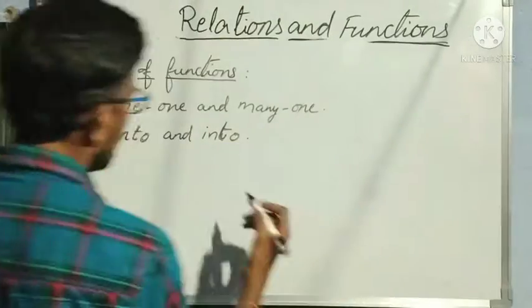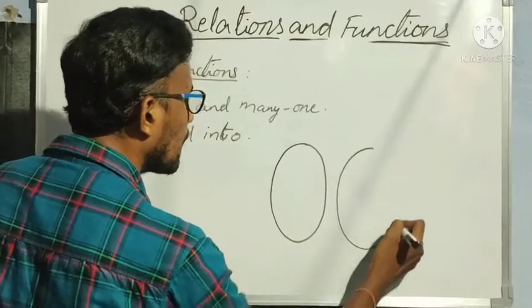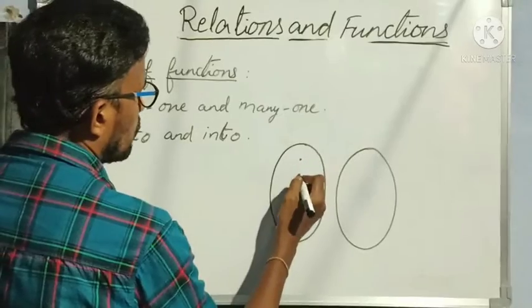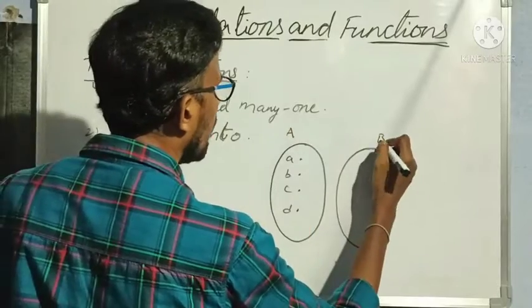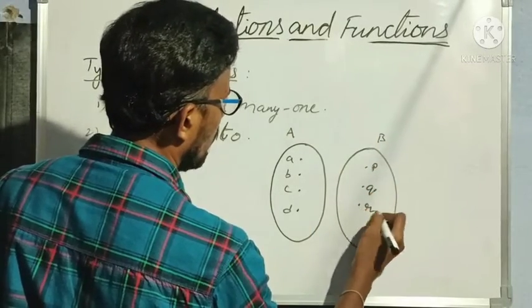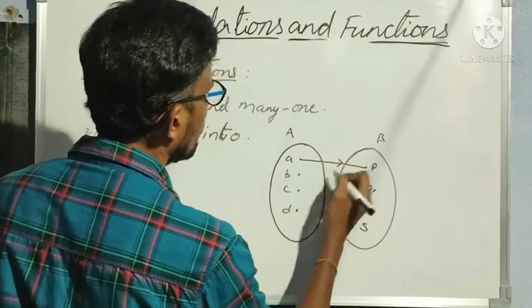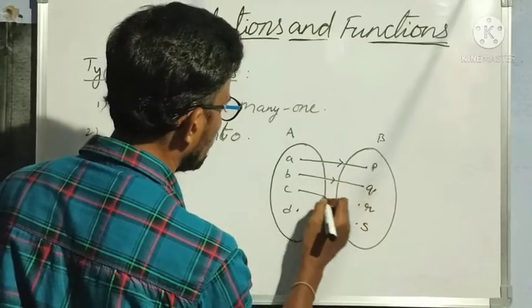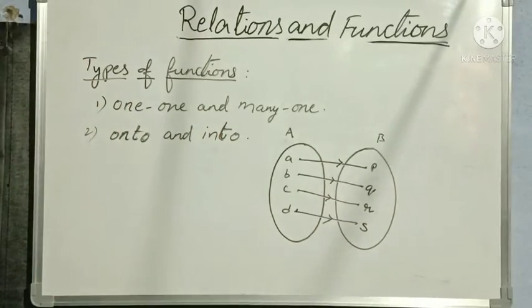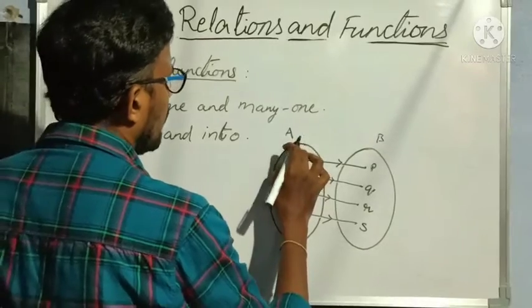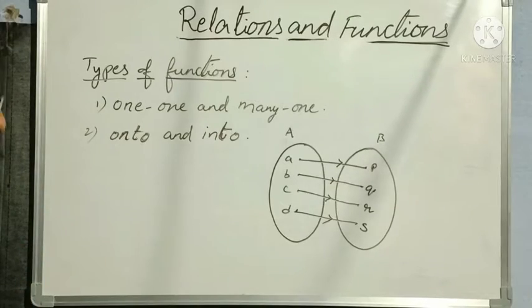My same example I am taking here. Same A, B, C, D are my elements of set A, and P, Q, R, S are my elements of set B. What I will do is map every element of A to an element of B, so that one pre-image has exactly one image, and the images are unique.